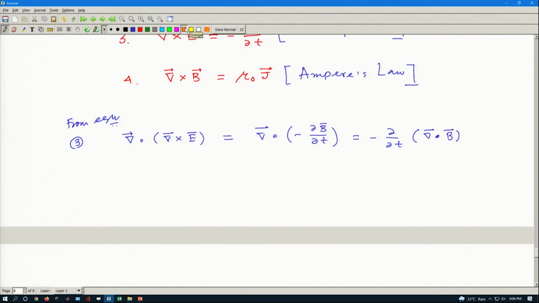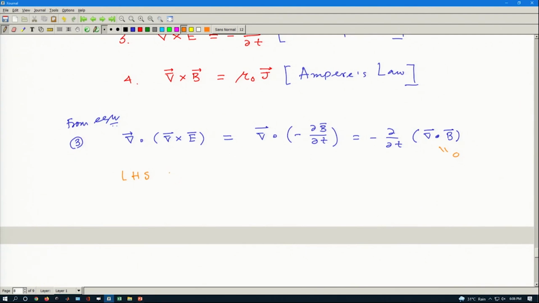So, the left hand side is always 0 because I am taking the divergence of the curl of something. So, it has to be 0.